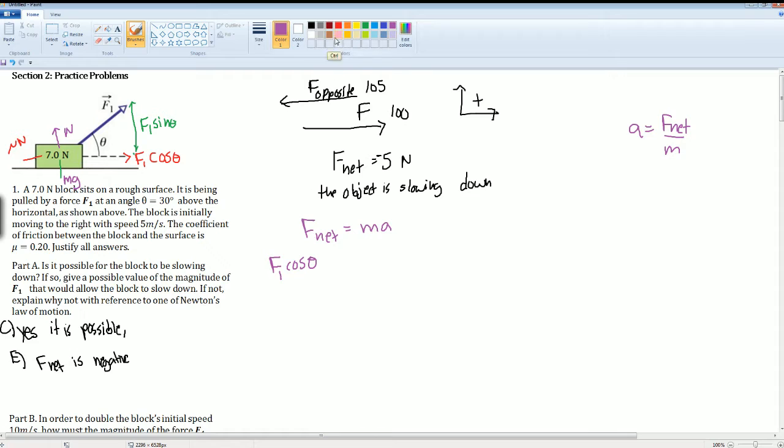Okay, let me try to color code that so you can see what I'm talking about. Here you have F1 cosine theta. That is your applied force, and that is positive. Then you have the subtraction of mu N. Mu N, ooh, this is very tricky.